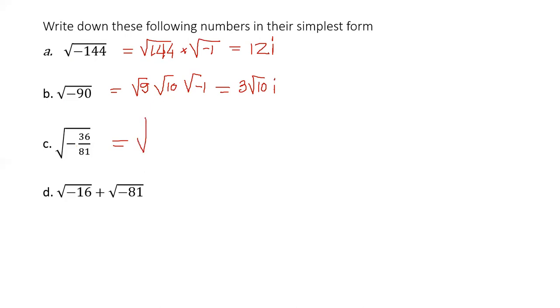We are going to simplify these numbers. It becomes square root of 36 over 81 times square root of -1, or 6 over 9 i. Or we may simplify this fraction, it's going to be 2/3 i, like this.